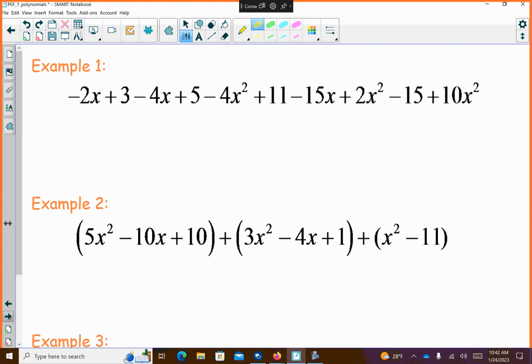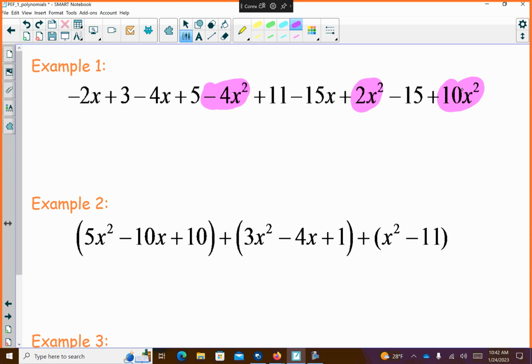Holy moly guacamole, look at the size of that in example 1. Are you kidding me? It's a polynomial. All right, friends, I'm going to highlight this, and this, and this. Why did I highlight those 3 items?